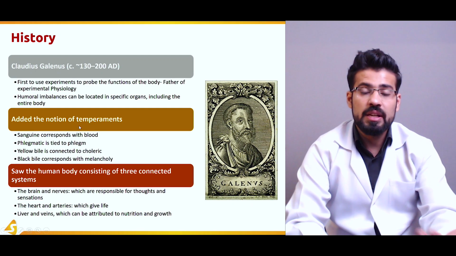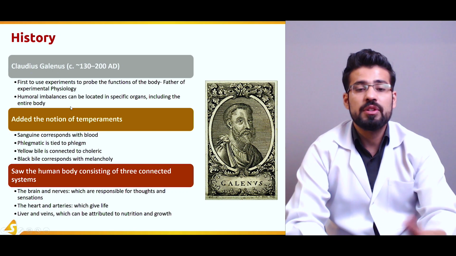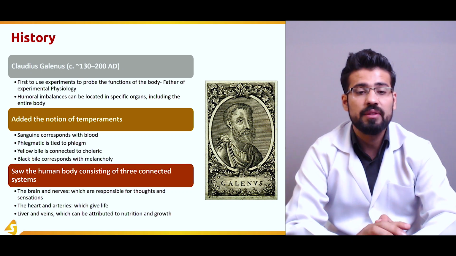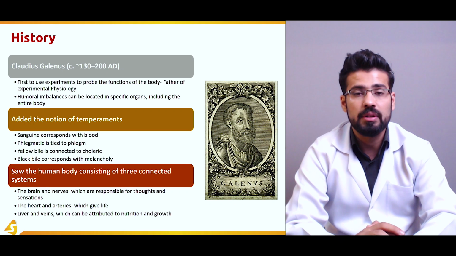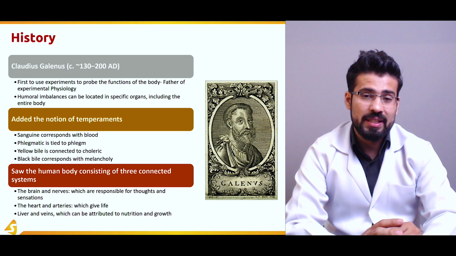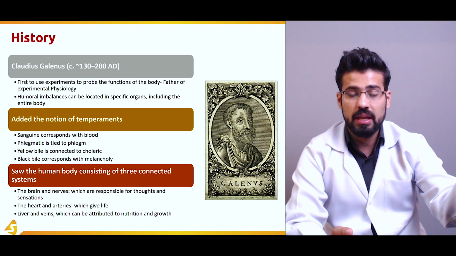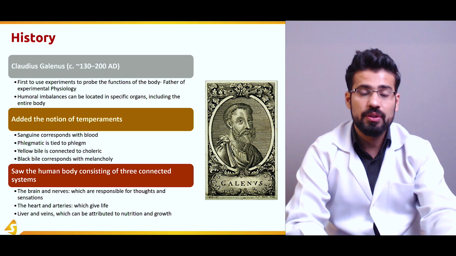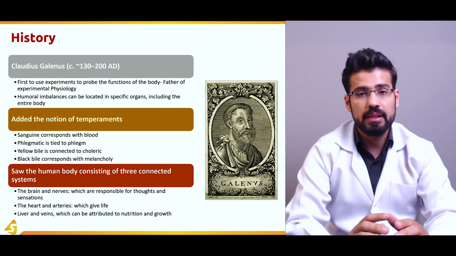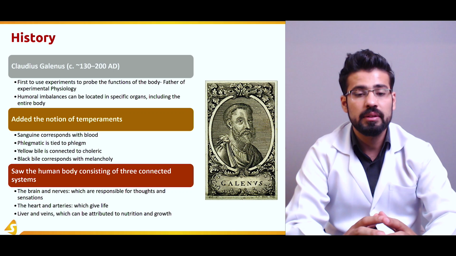Now, this was followed by Claudius Galenus, who first used experiments to probe the functions of the body, and he is known hence as the father of experimental physiology, because he started experimenting.